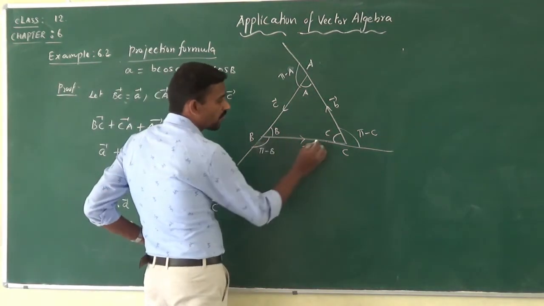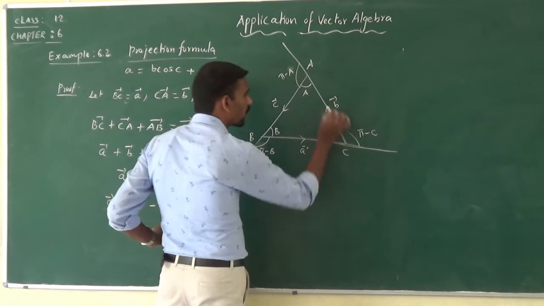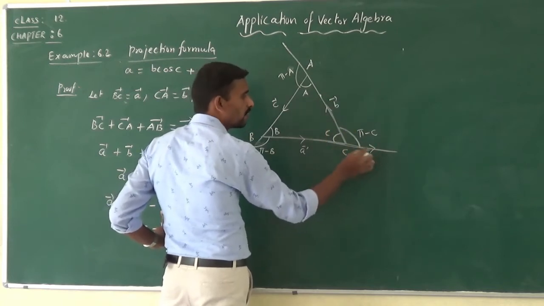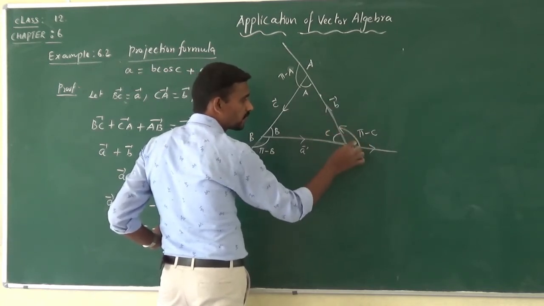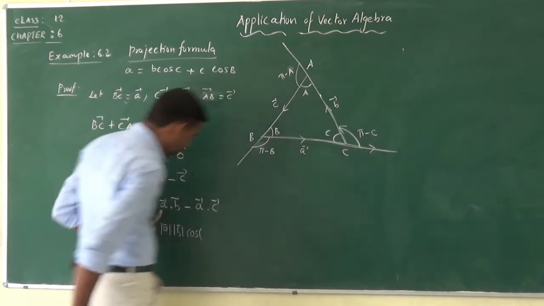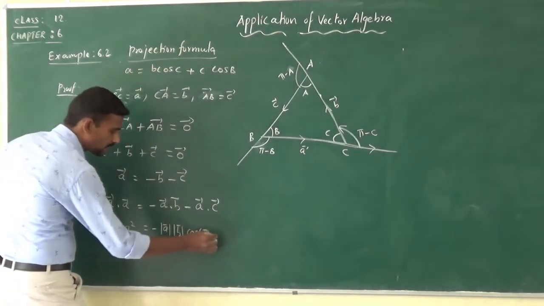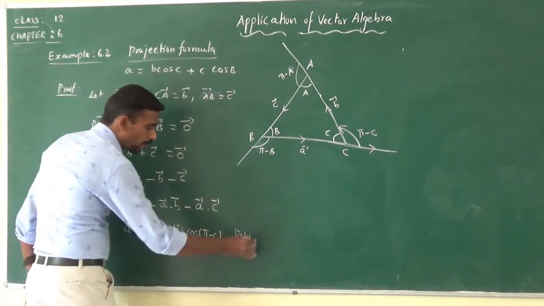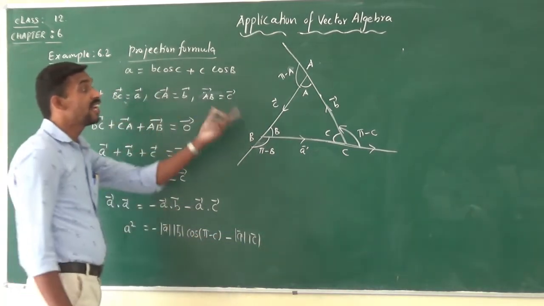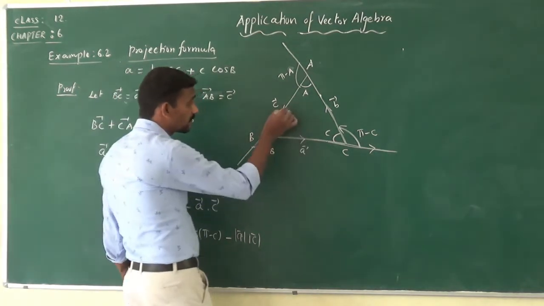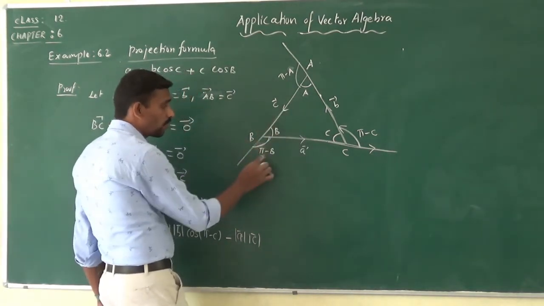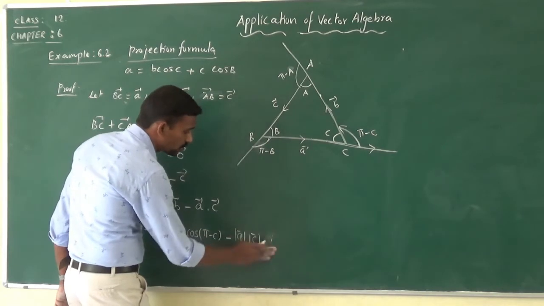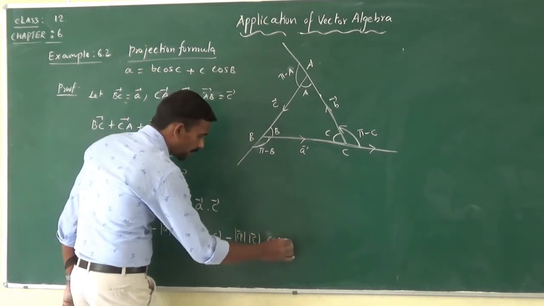Bringing a vector and b vector tail to tail, the angle is pi minus c. Similarly, a vector dot c vector is magnitude of a, magnitude of c, cos of pi minus b.